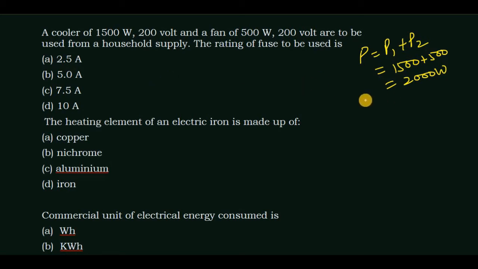And voltage is given, both are working at 220 volt. So how much rating, meaning the current capacity to tolerate, that I will find from the formula P equals VI, so I equals P over V. When we calculate, 2000 upon 220, it comes to about 10 ampere.